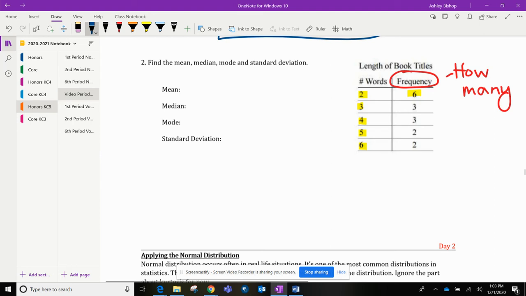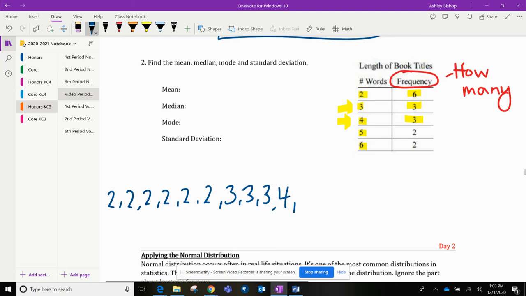So I'm going to list out my data. 1, 2, 3, 4, 5, 6 2s. I have 3 3s. So 3 3s, 1, 2, 3. I have 3 4s.